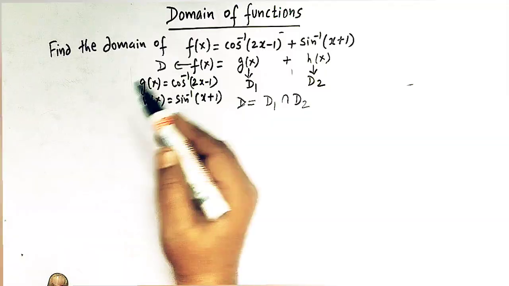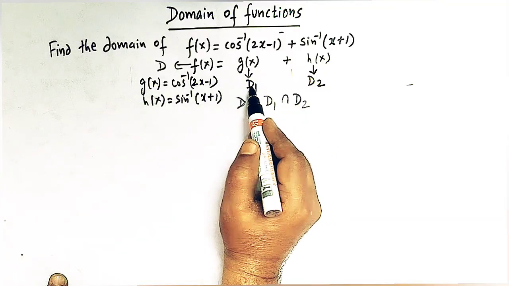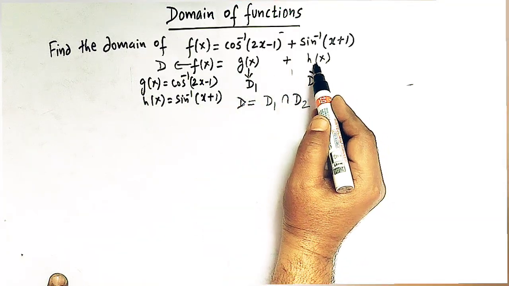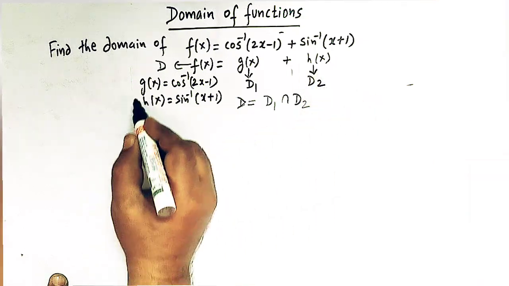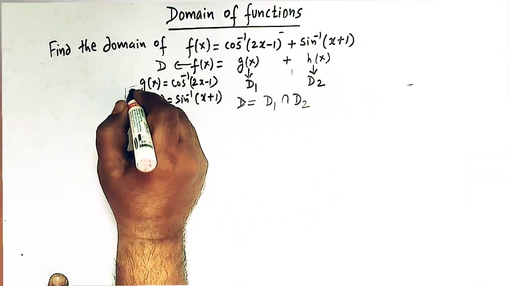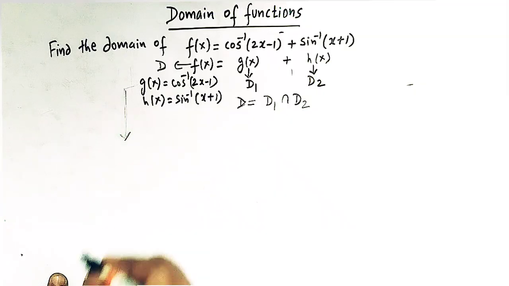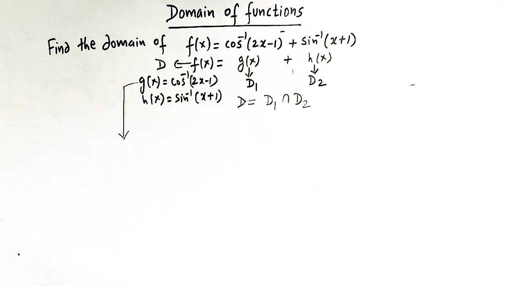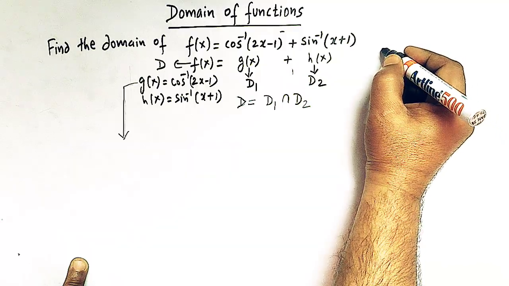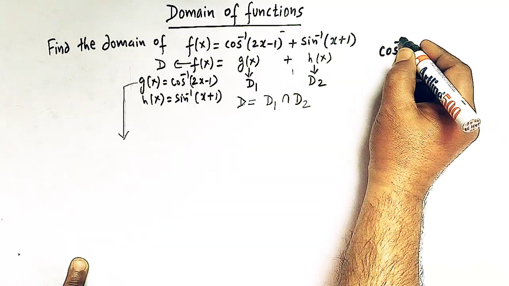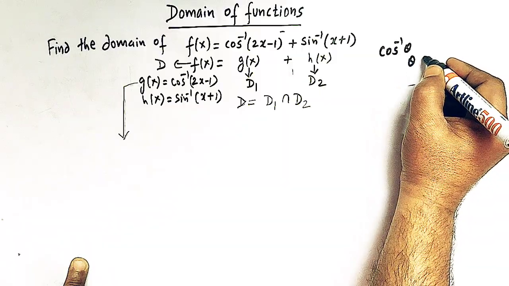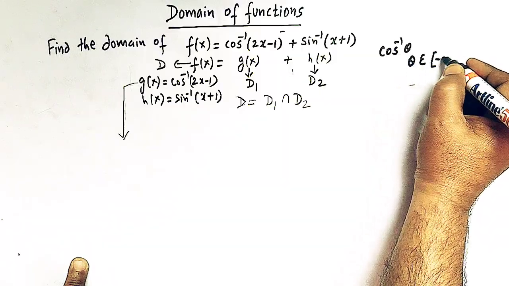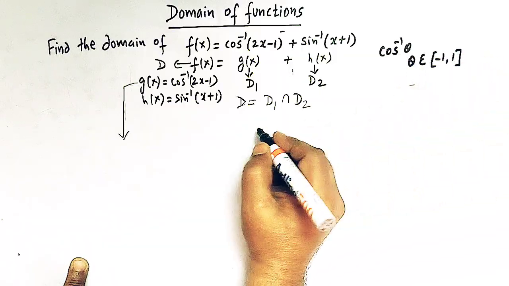So let us first find out the domain of g of x and then we'll find out the domain of h of x, right? So let us first consider this function, that is g of x. Now from inverse trigonometric functions, we know that cos inverse theta has the domain where theta belongs to the interval minus 1 to 1, right?